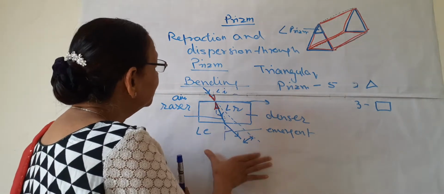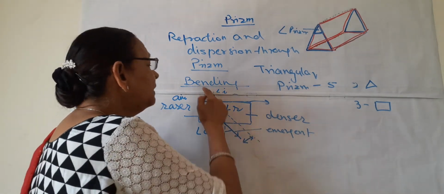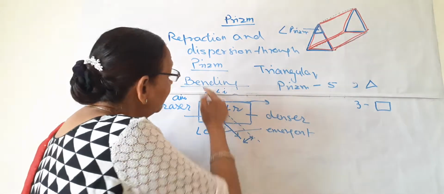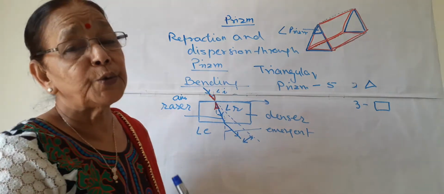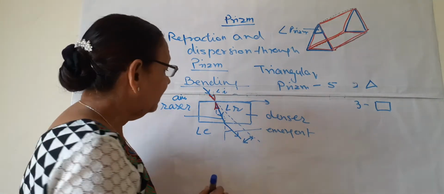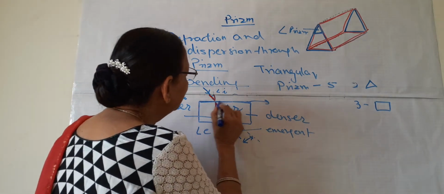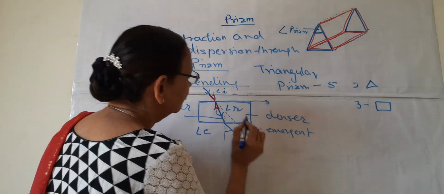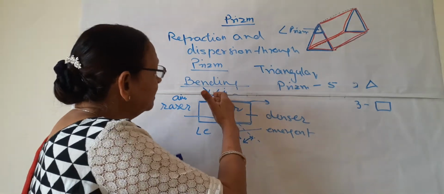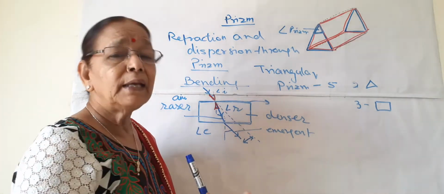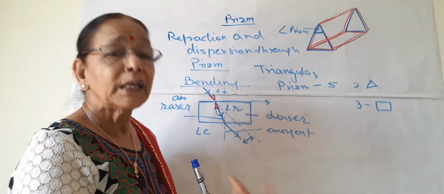So what we have seen in the glass slab is that the emergent ray and the incident ray are both parallel to each other. Why are they parallel? Because these two interfaces are parallel to each other. So this incident and emergent ray are parallel to each other.